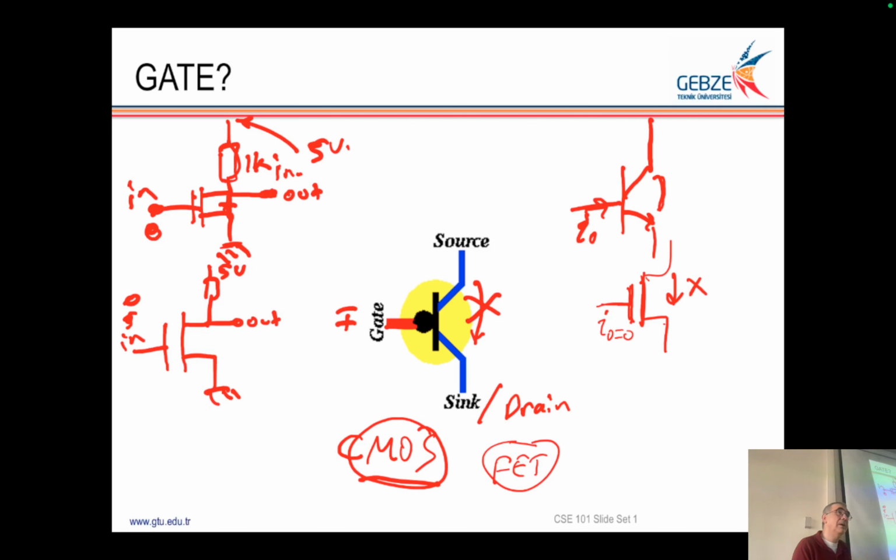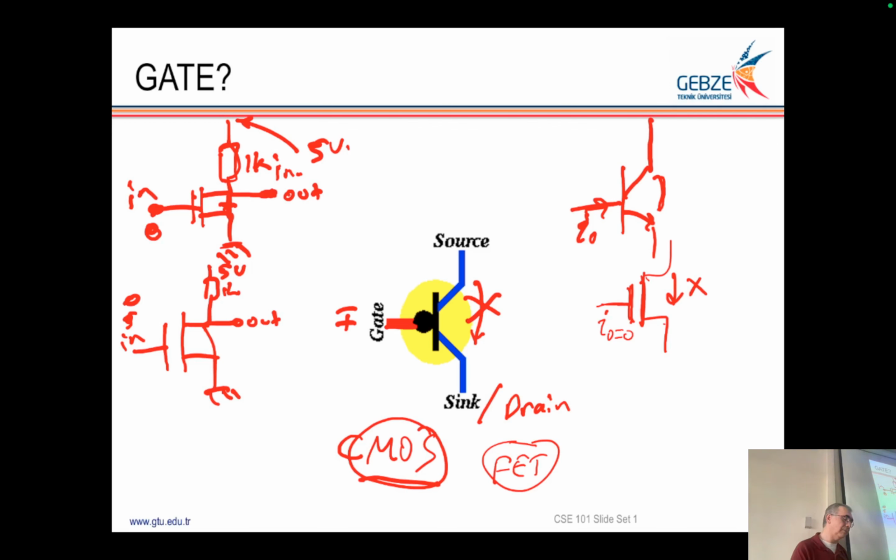5 volts. Because there is no current flowing, it is connected to the 5 volts by a 1 kilo ohm resistor. But the condition is when I am providing 5 volts, it is connected, and how much current goes through? 5 milliamps, right? 5 milliamps on 1K.